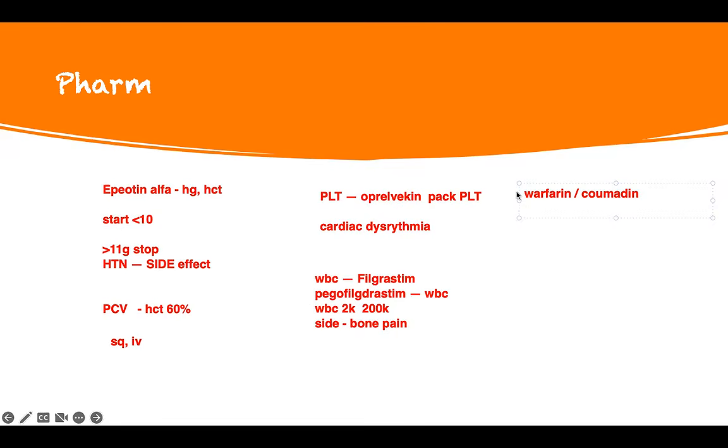It's going to block factor 2, factor 7, factor 9, and factor 10, and sometimes protein C and S. What it's going to do is increase your INR and your PT level. We want your INR to be 2 to 3, right? And your PT to be 16 to 25. This is the level we want it to be if you're taking this medication. Remember, these are oral medications.